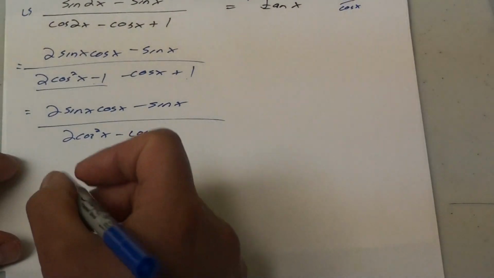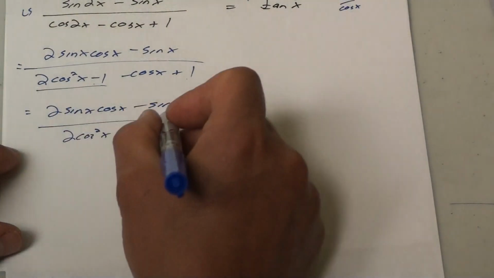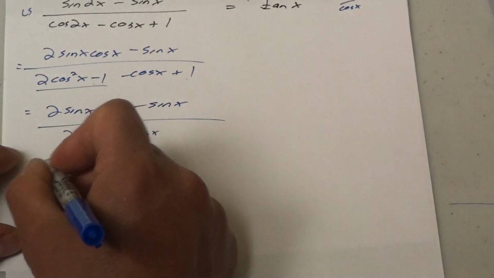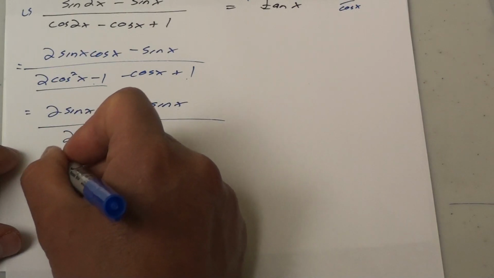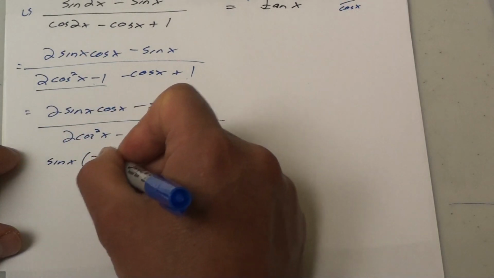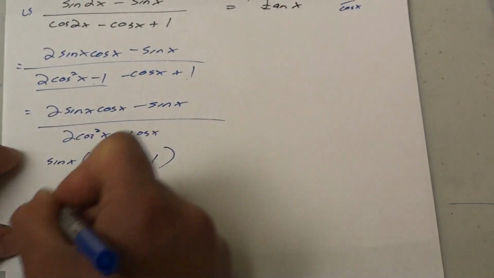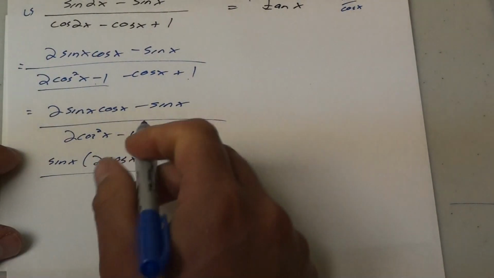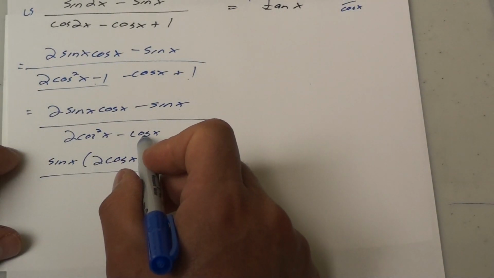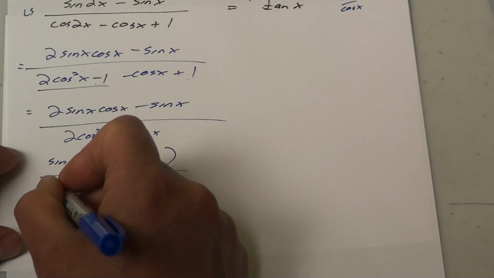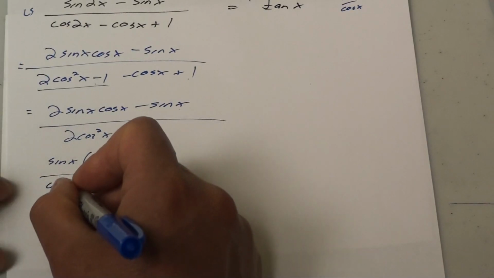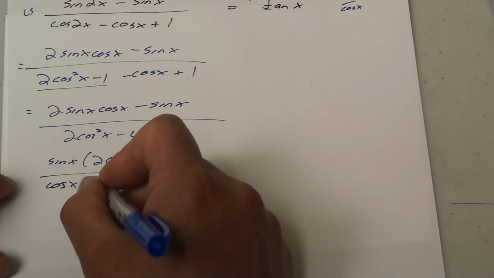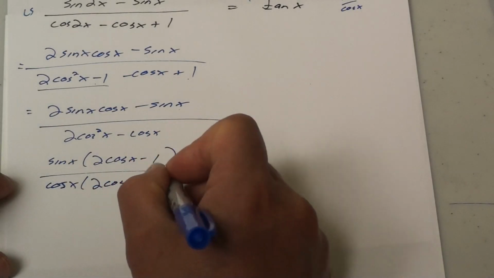I can take out a sine on the top, so sine x times 2 cos x minus 1. I'm going to take out a cos x, and common factor out a cos x on the bottom, and that'll leave me a 2 cos x, hey, minus 1.